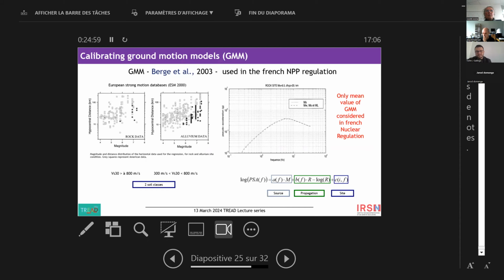Again, just a scenario like this, and no uncertainty on ground motion models, just a median ground motion prediction. That's why paleoseismology in France is a difficult task, but when a result comes out, we are obliged by the regulation to take it into account.